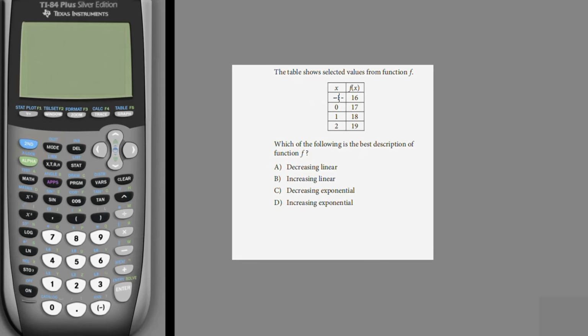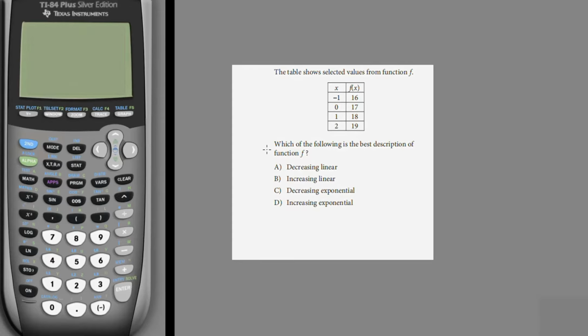When x is -1, f of x is 16. When x is 0, f of x is 17. When x is 1, f of x is 18. When x is 2, f of x is 19. So guys, looking at the progression of this table, you can easily identify that the values increase by 1.